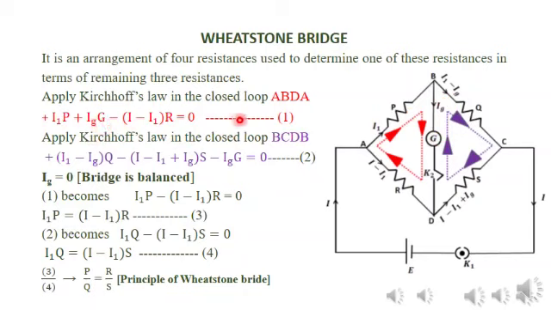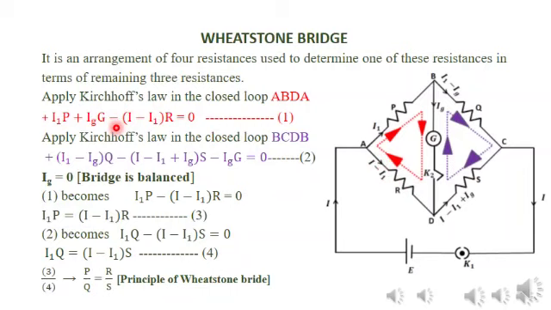Now again we continue our motion in the clockwise direction till we find the next resistance in the path. That resistance is resistance capital R. Since the direction of traversal and the direction of current are opposite, the current-resistance product is negative.